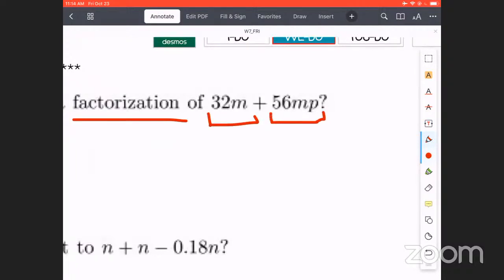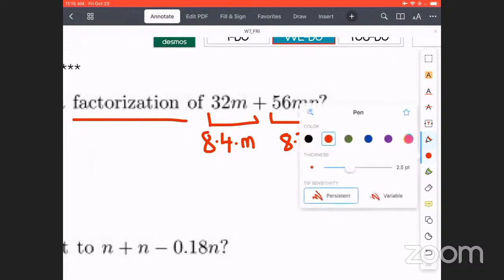Okay, 8 is common because I can rewrite 32 as 8 times 4, and I can rewrite 56 as 8 times 7, right? And is there any other common thing other than 8?